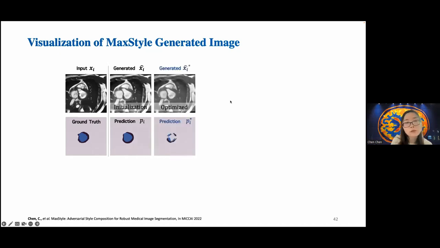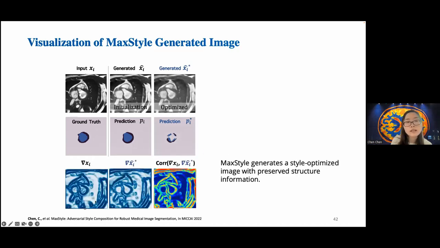With a 5-step optimization, we can find that the image style, for example the brightness, has been changed, and the network is very sensitive to this type of change, which produces poor segmentation results. We found that MaxStyle can actually preserve the structure similarity well, if you compare the generated images and the original images.